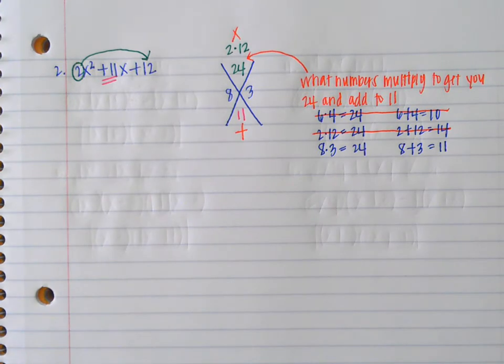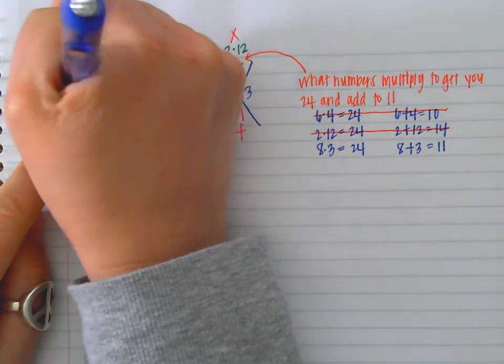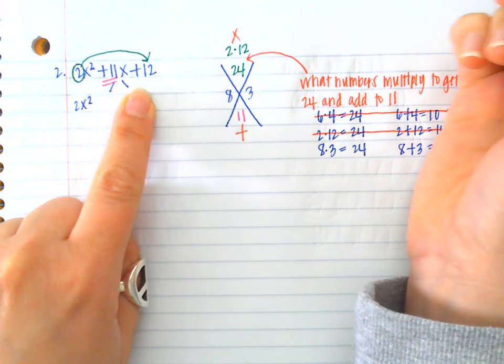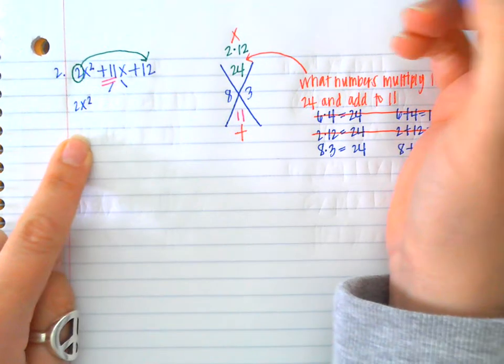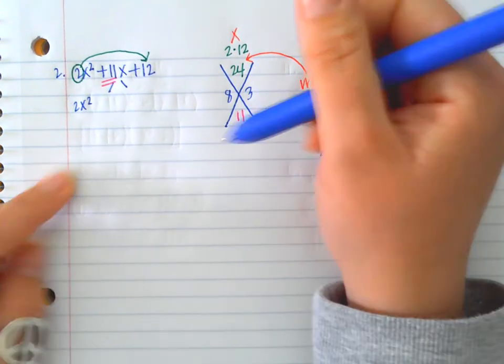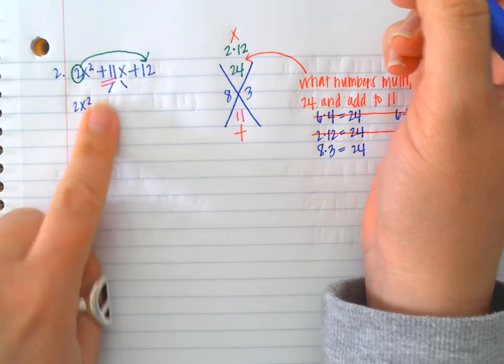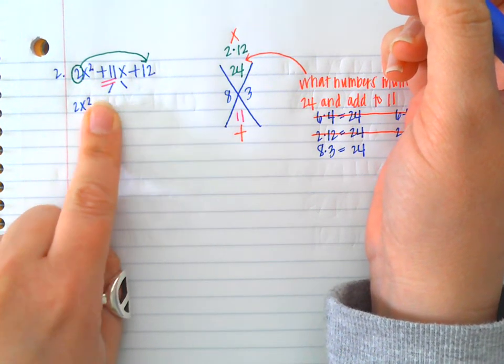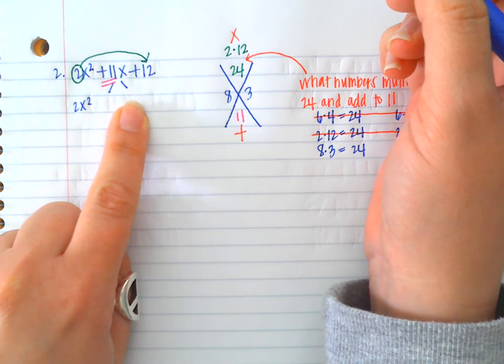So at this point, once you've gotten your two numbers, this is when we split the middle term. So remember, your 2x squared stays the same, but 11x is what's being split into 8 and 3. Now, it doesn't matter what order you write these in. If we wrote 8 first and then 3 second, that's fine. If we wrote 3 first and 8 second, that's fine too.